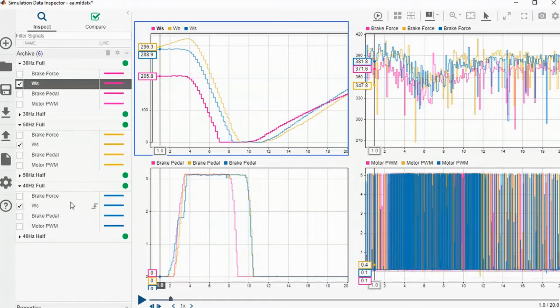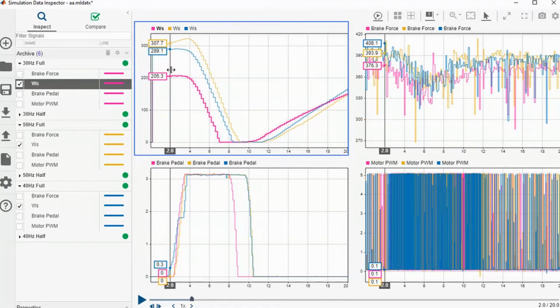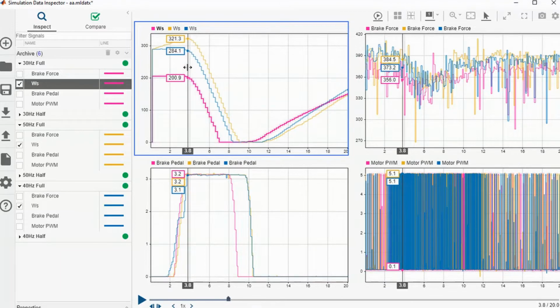The second is 40 Hz, in blue, where the initial speed is around 288 RPM, and the final is 50 Hz, where the initial speed value is around 333 RPM.